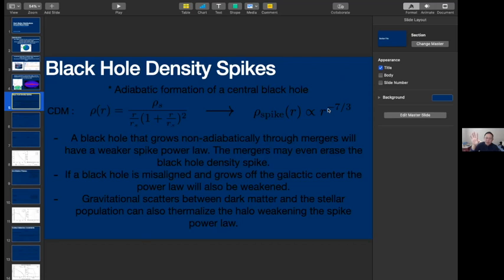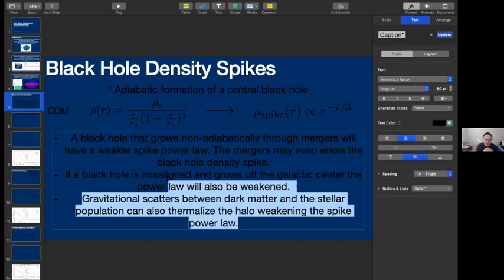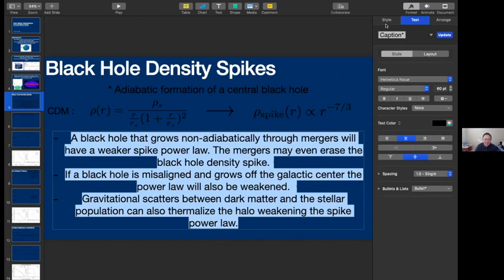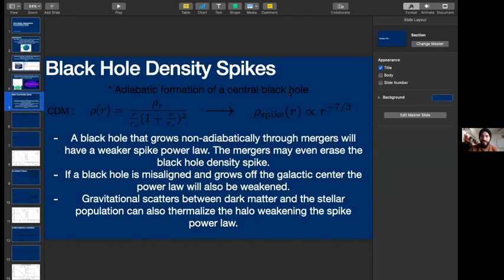Jerry? Yes. Just a quick comment: because your background is deep blue and the words are in black, I'm not able to see any words actually. Can you make it white? Is that better? Yeah.